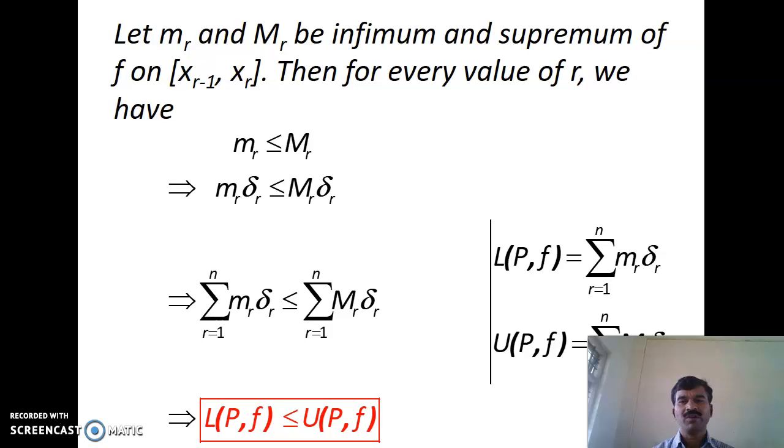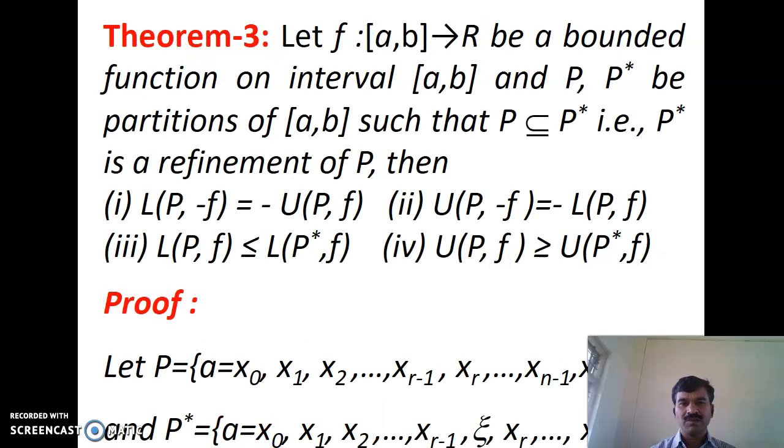Then for every r we have this relation. Taking delta_r throughout and plugging into the summation, and making use of the definitions of L(P, f) and U(P, f), we have that the lower sum is always less than or equal to the upper sum.